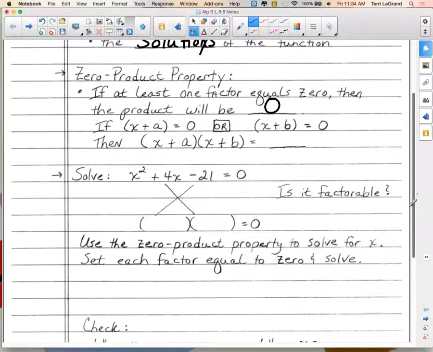So if x plus a, the first binomial, equals 0, or x plus b, the other binomial factor, equals 0, then our factored quadratic trinomial will be equal to 0. All it takes is one of those binomials to be 0, and when 0 gets multiplied times the other binomial, that means our quadratic is set equal to 0. And isn't that what we want? We want y to be 0.